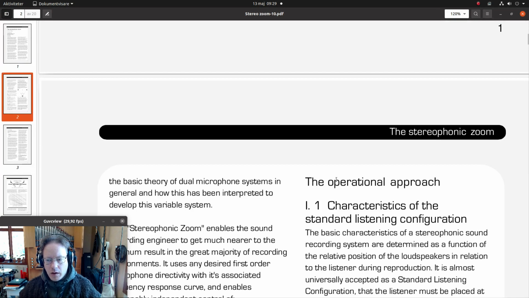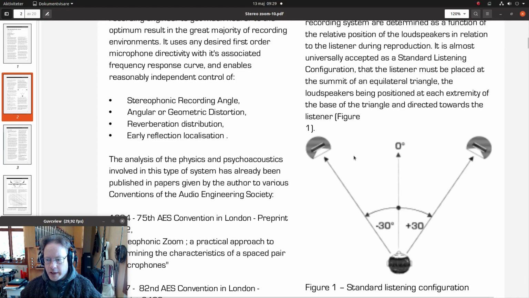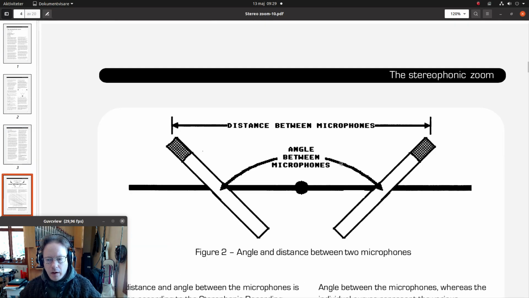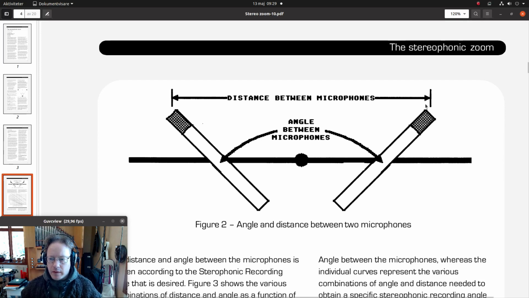So, again, here is the listening situation. Basically what you have is a setup where you vary the distance between the microphones and the angle between the microphones depending on what stereophonic recording angle you wish to achieve.